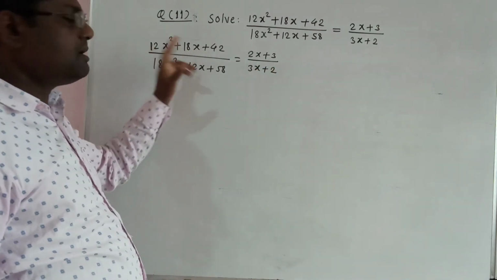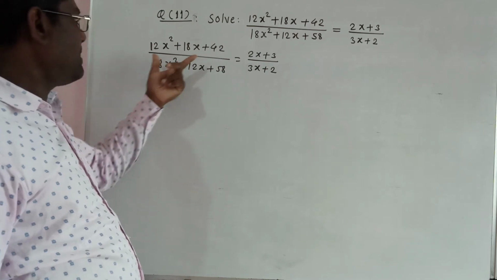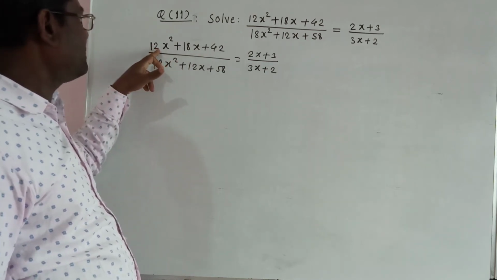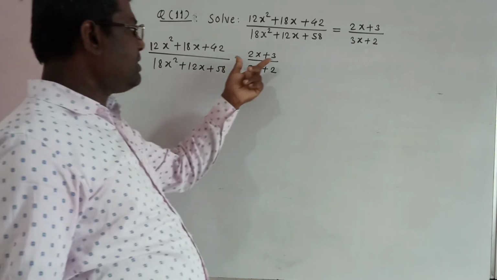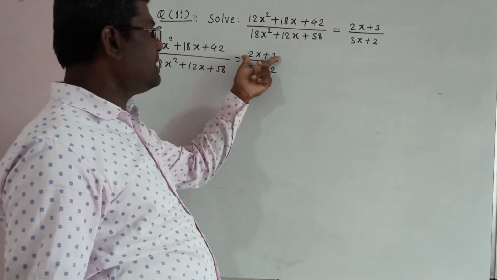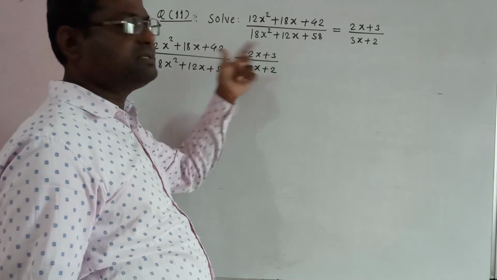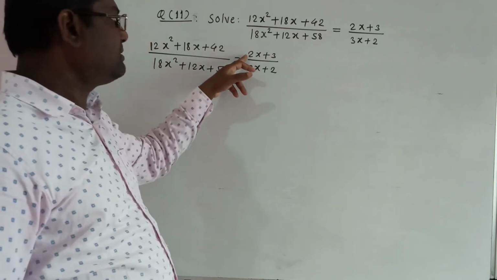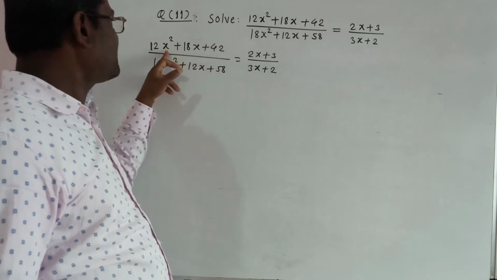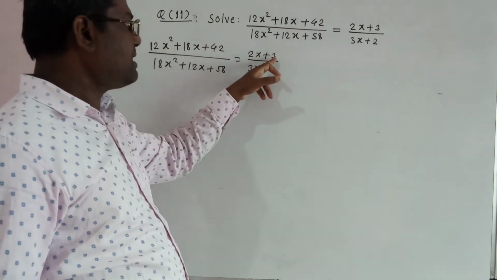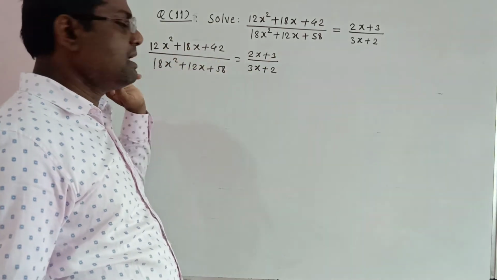In the numerator on the left hand side the terms are 12x² + 18x, and on the right side if we multiply the numerator by 6x, then 6x into 2x will be 12x², and 6x into 3 will be 18x.